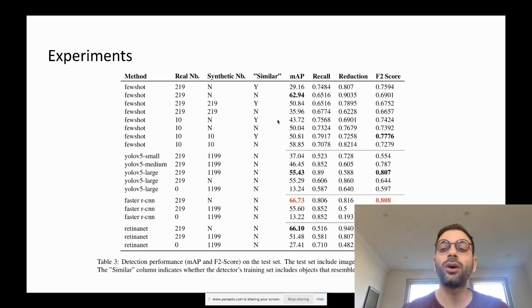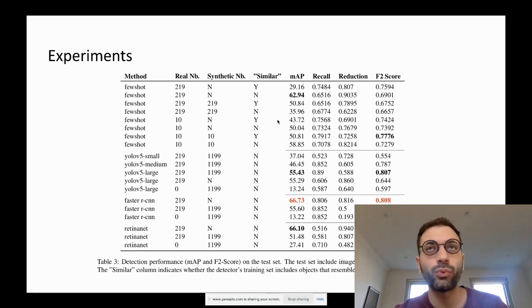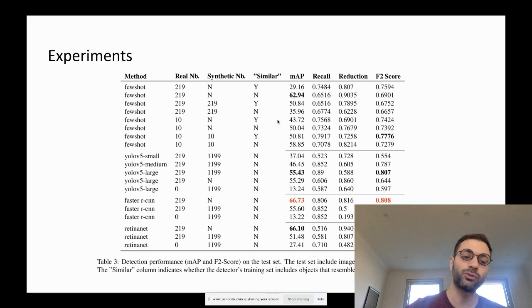We've used three functions to score our detectors. One is mAP, the famous one, and then also recall and reduction. Recall is to measure how many false negatives we miss, how many false negatives we have.